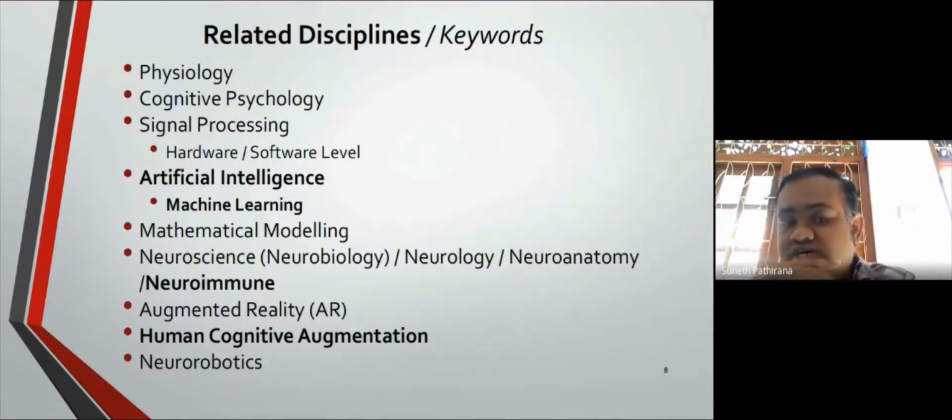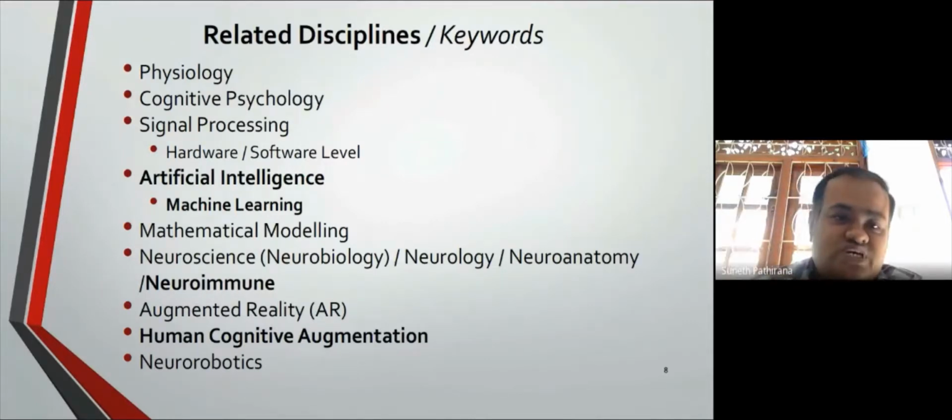These original concepts are borrowed from the field of philosophy and cognitive psychology. That comes under another philosophical aspect, and I'm not in a position to go into details. Again, signal processing.